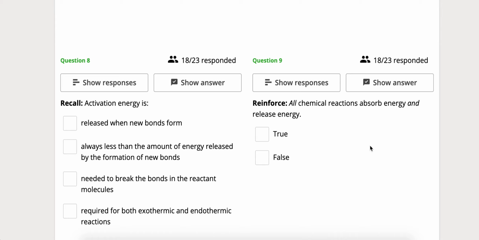So, activation energy is A, released when new bonds form, B, always less than the amount of energy released by the formation of new bonds, C, needed to break the bonds in the reactant molecules, or D, required for both exothermic and endothermic reactions. Now, you need to remember that with some of these questions, there are multiple correct answers. If that's the case, select all that apply.